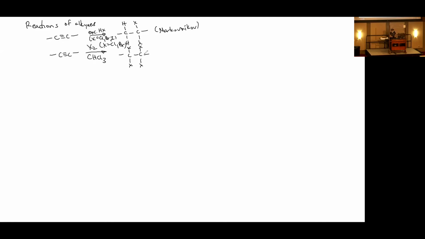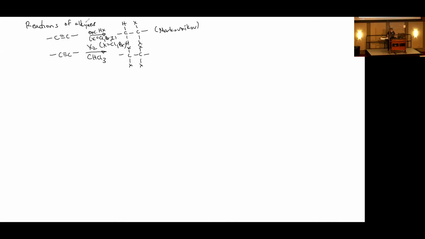The end result is this type of tetrahalide. Likewise with this reaction, same mechanism, except it happens twice. The alkyne will react with the hydrogen halide, and you'll get at first a carbocation, then the halide ion will attack that. I think we'll go through an example of each of these.